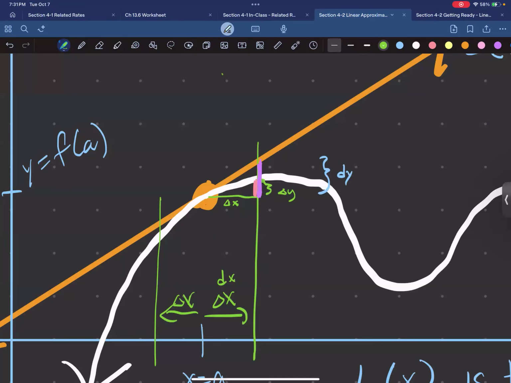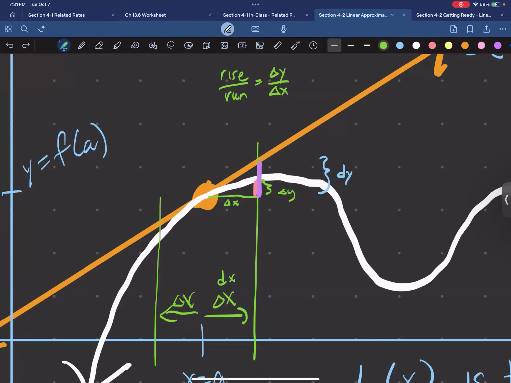Like rise over run, it's delta y over delta x. That's another way they write it. And so delta y is just this little piece right here.